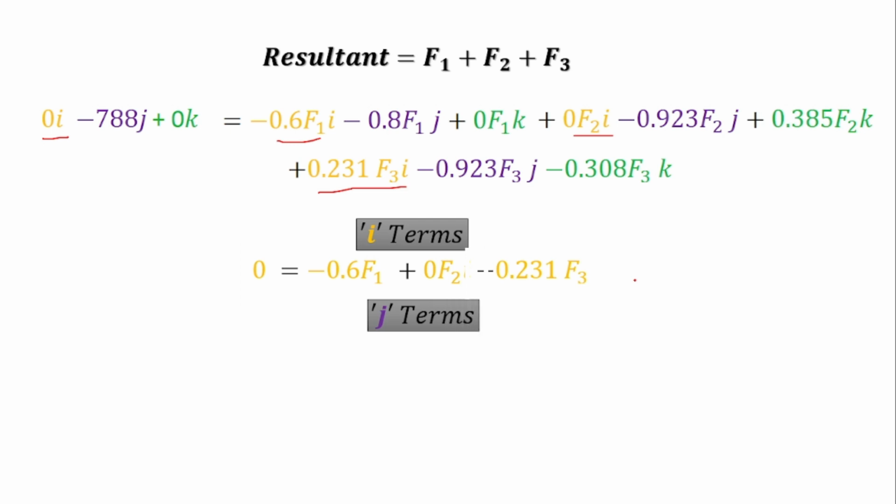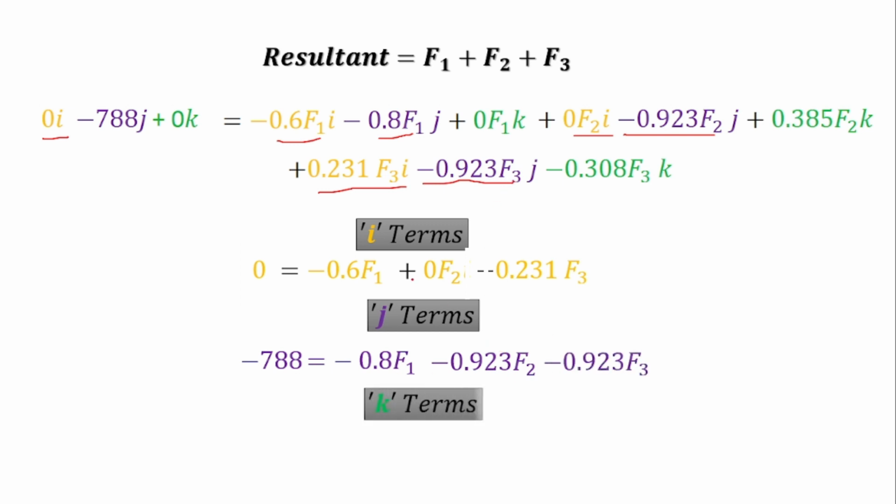Then the coefficient of j is minus 788, so write it here, is equal to the next term, the blue minus 0.8 F1, the next blue term minus 0.923 F2, and the next term minus 0.23 F3. So this is the equation for j.